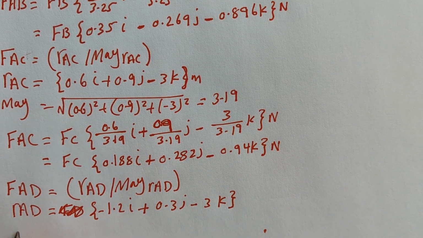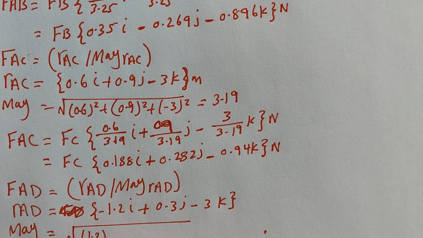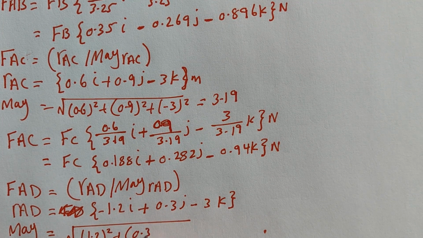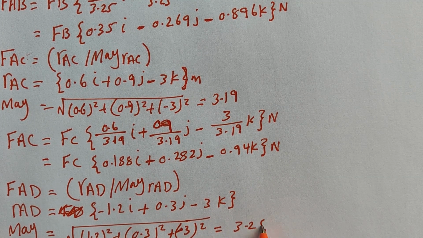So the magnitude for this will be the square root of 1.2 squared plus 0.3 squared plus negative 3 squared, and in this case this will equal 3.25.